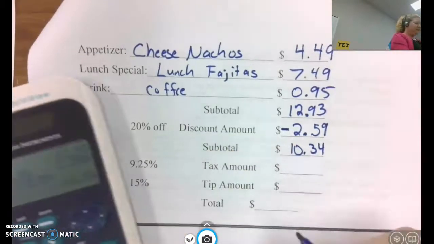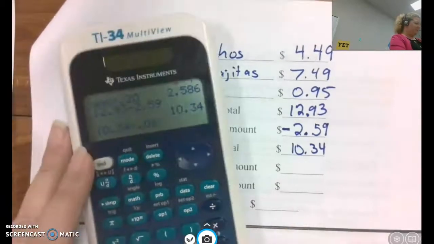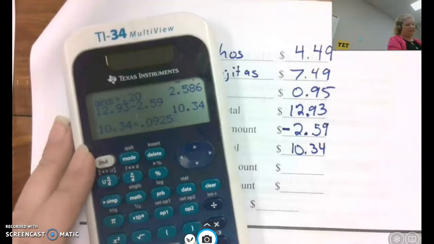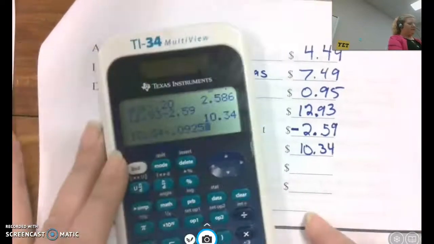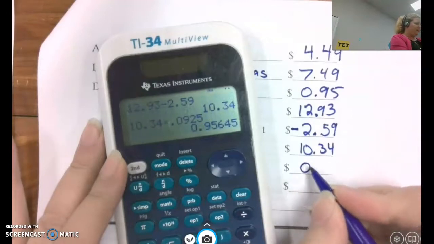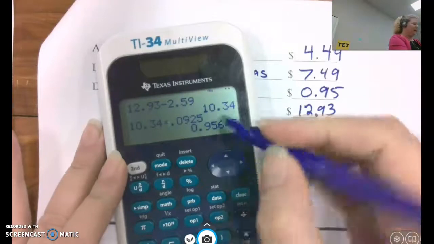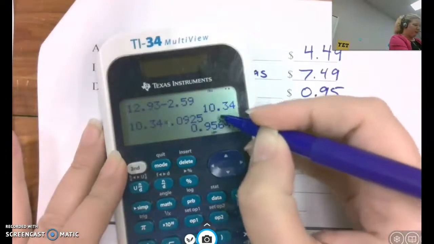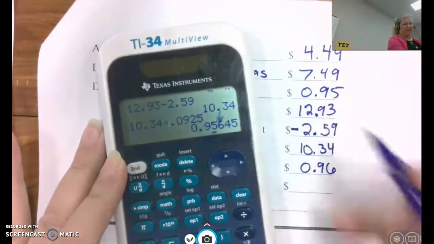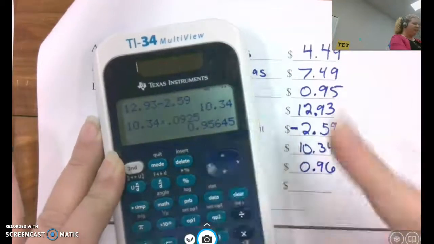So that's $10.34 times 0.0925. I have converted this percentage into a decimal, and I'm multiplying by that. That's going to be 96 cents, because if I'm rounding to this place, I'm looking at this number, which is 5 or bigger, so I round the other number up.